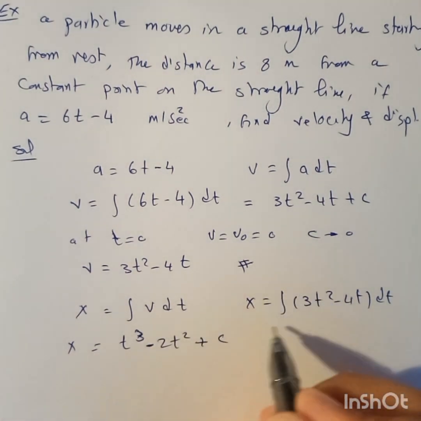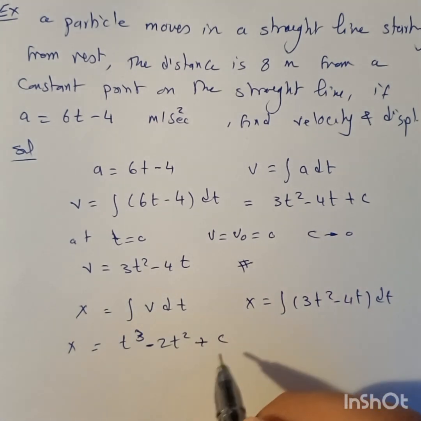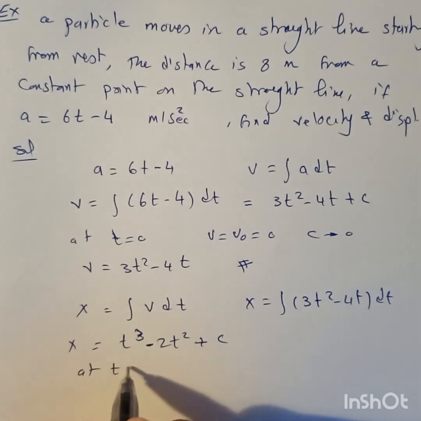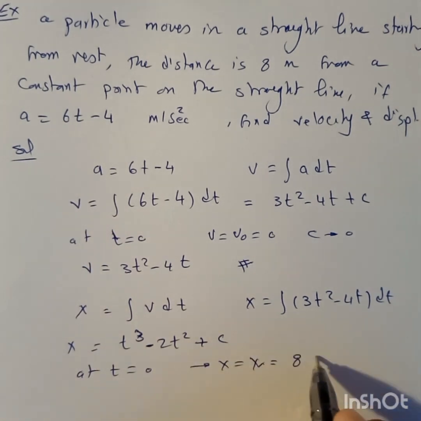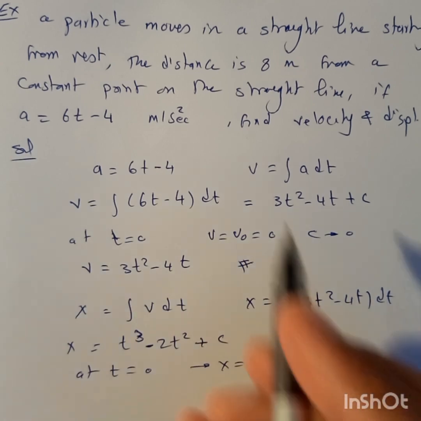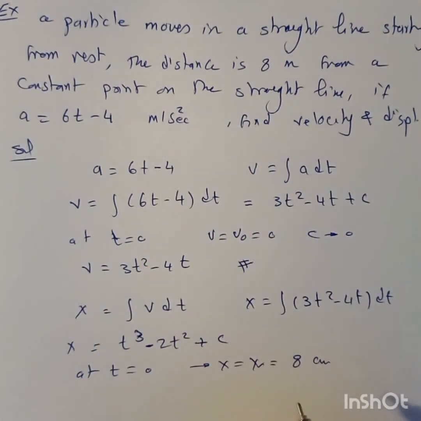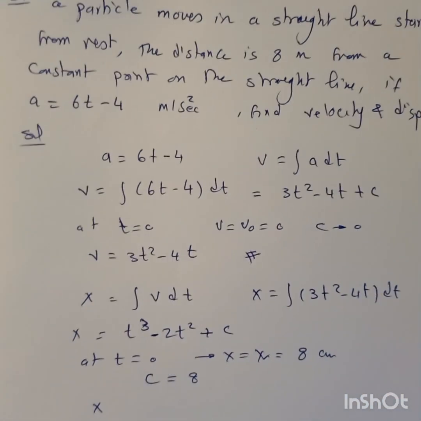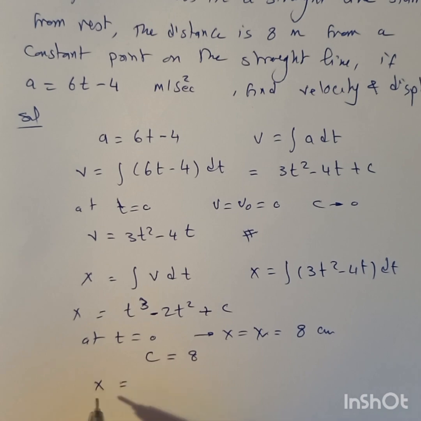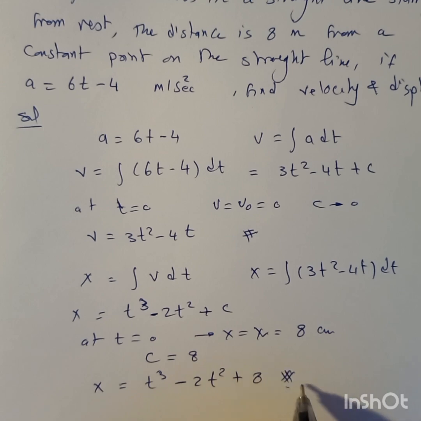As we use indefinite integrals, we have to add this constant and find it. To find this constant, at t equals 0 we have x equals x naught equals 8 meter from the origin point, or the constant point on the straight line. Then we have constant equals 8, then x or displacement equals t power 3 minus 2t square plus 8, and this is required to find.